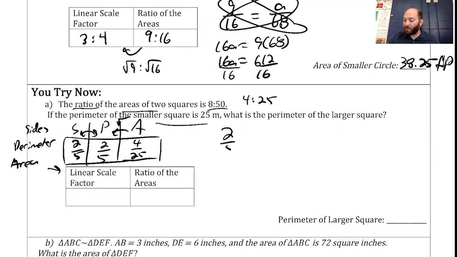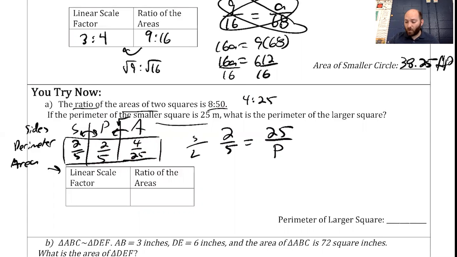So I do 2 over 5, and again, that's small over large. Perimeter of the smaller is 25. What's the perimeter of the larger? So I'll call it P. There it is. So I did not use the original ratio. I reduced that to make things easier. Then I filled that in. That's my area. That led to my perimeter.